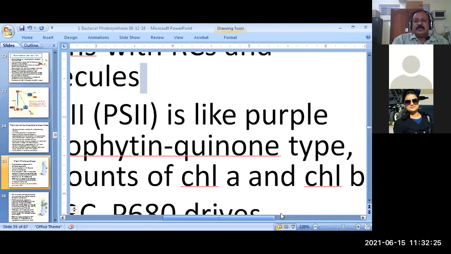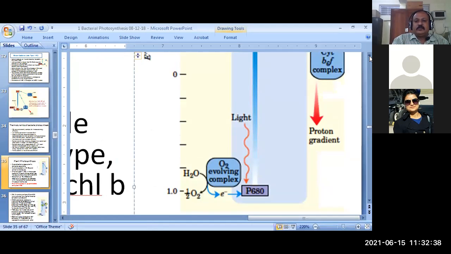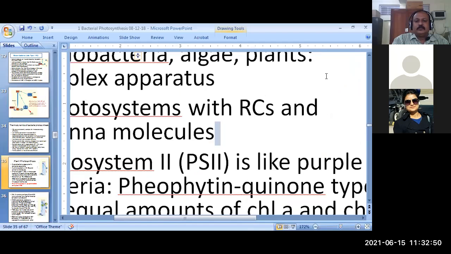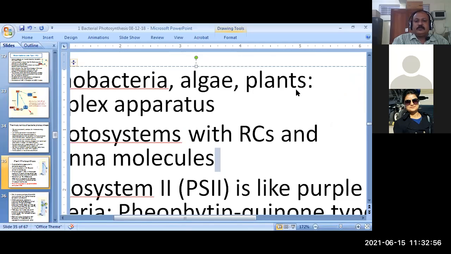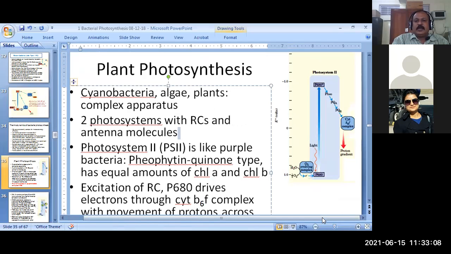And then maybe you can see that diagram again. Just a minute. Can you see that?